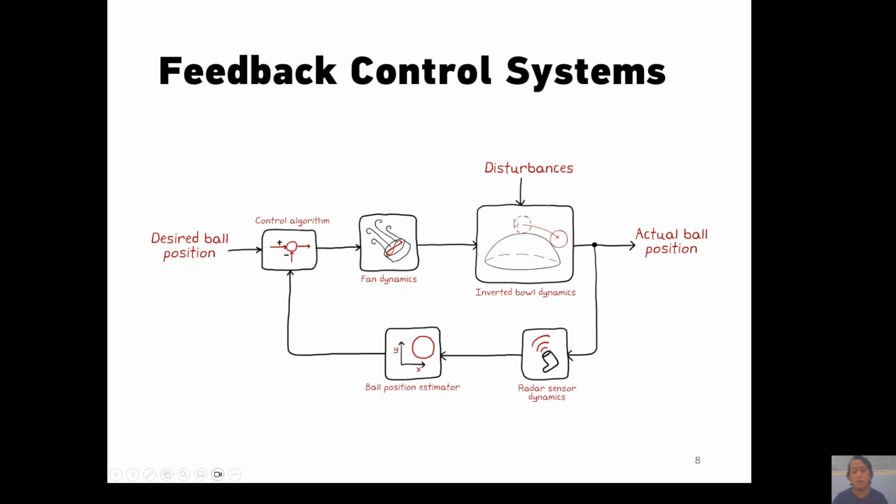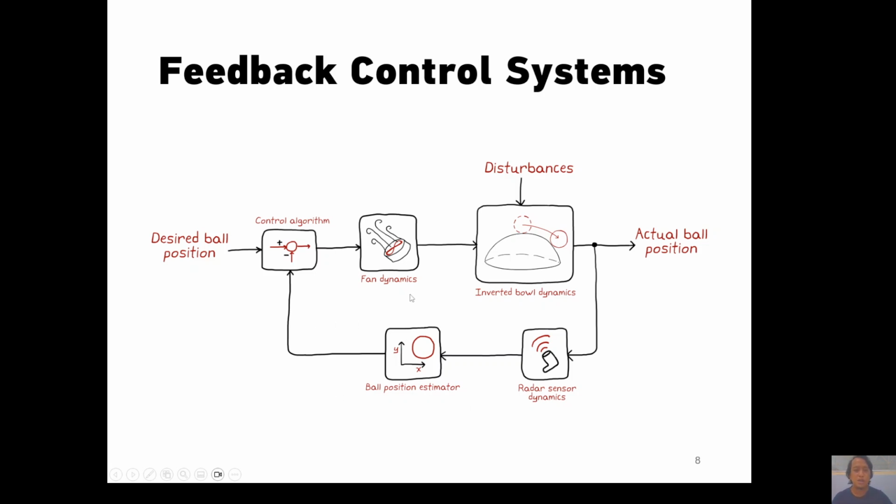So the ball can be placed or moved to the desired position. And after the fan dynamics push the ball, we have the actual ball position. And then we can feed it back to the control algorithm with any radar sensor or ball position estimator.